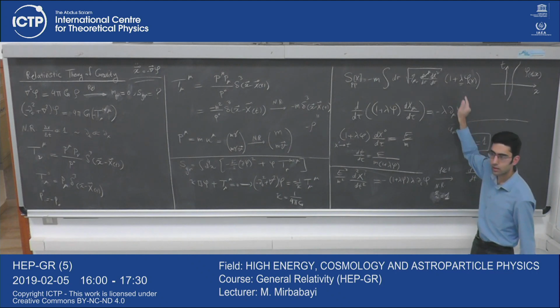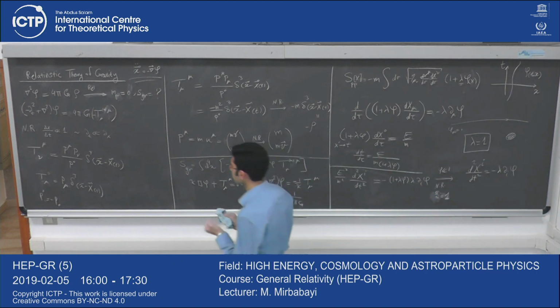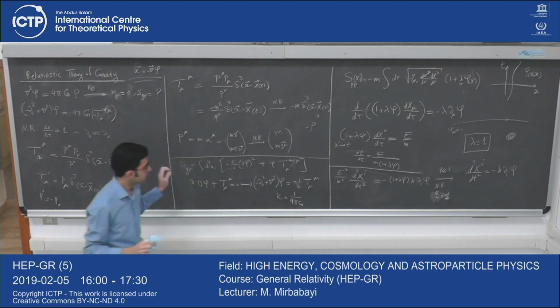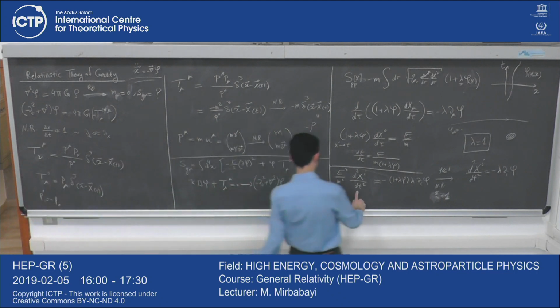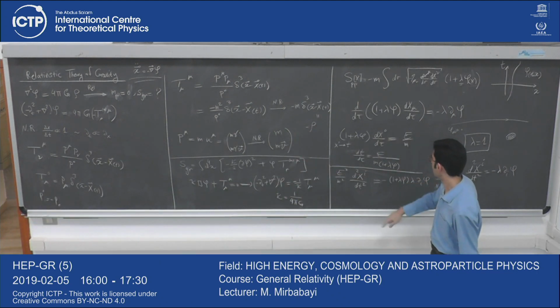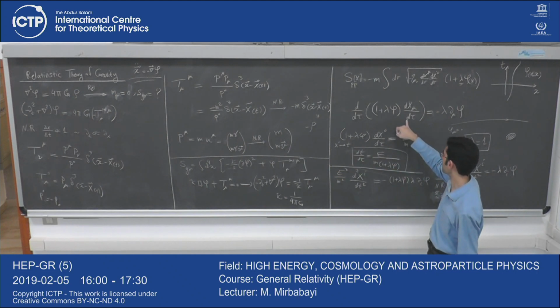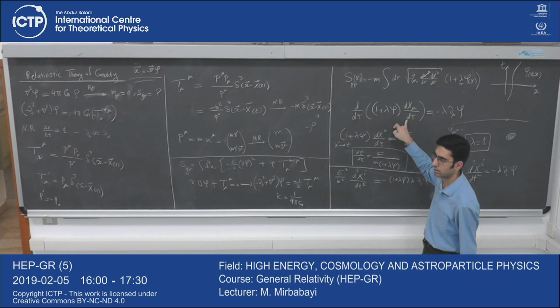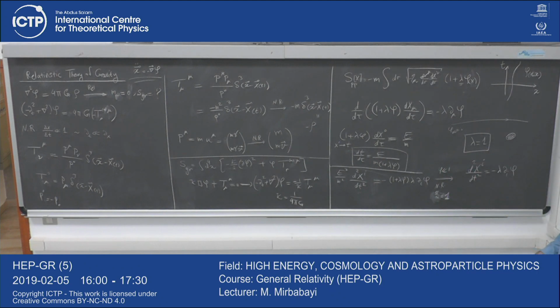Now we can do a cross check of this formula, which is the following. Is it tau or t? Yes, this is t. So I use this relation to express d by d tau in terms of d by dt, and then you substitute for the spatial part x.